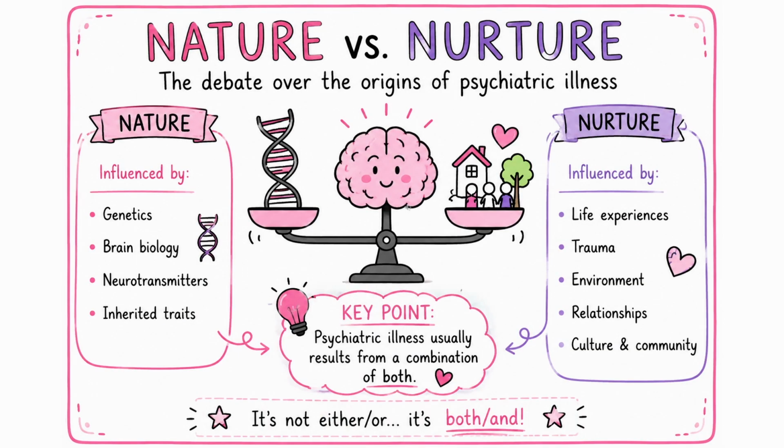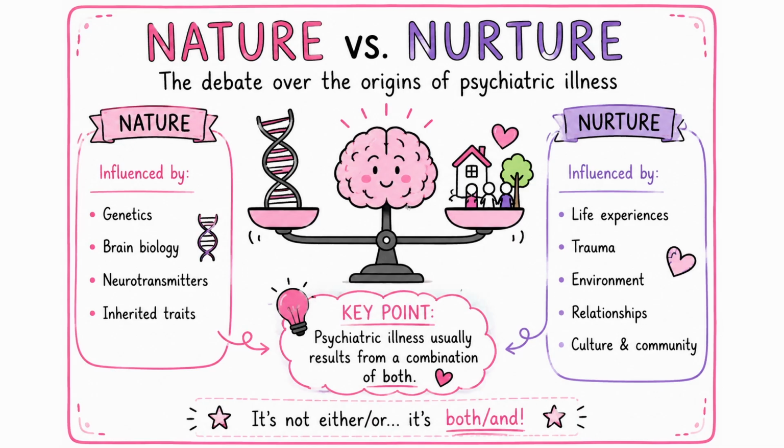One of the oldest debates in psychiatry is whether mental illness is primarily caused by nature or nurture. Nature refers to biological influences such as genetics, inherited traits, brain structure, and neurochemistry. Supporters of the nature perspective believe that mental illness develops largely because of genetic predispositions and biological vulnerabilities.